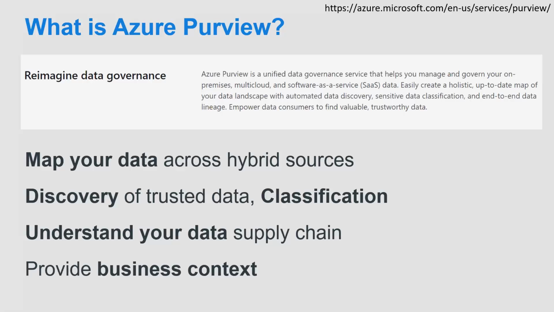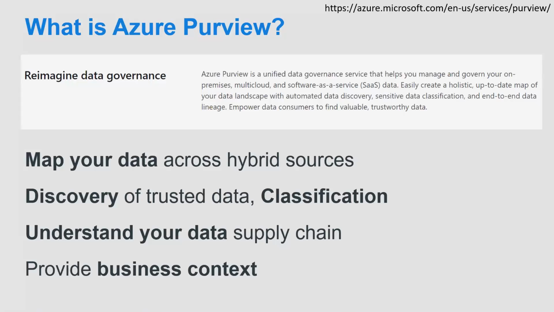And last but not least, the business. The business needs to understand, and the business needs to be able to work with the data catalog. So business context is key. It's not only the technical thing that we have some sort of column called email address that contains some sort of data. It's the more global definition that that is an entity, an asset that contains customer data, or product data, and so on.